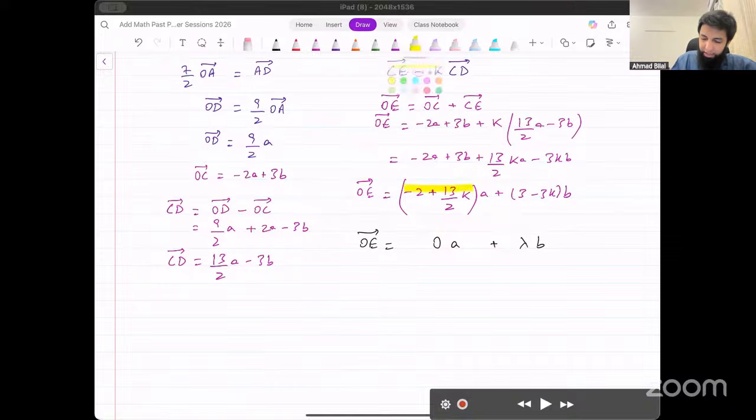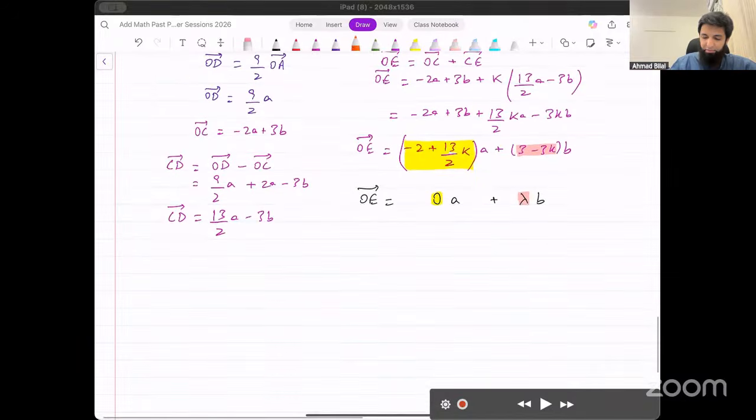So the A components should be equal. So the A component has to be 0. And the B components should also be equal. So lambda should equal 3 minus 3K. Now, what do we get from that? We get minus 2 plus 13 over 2 times K equals 0.